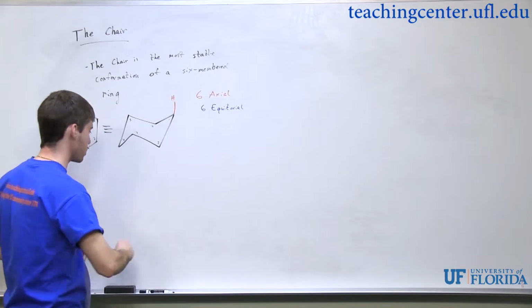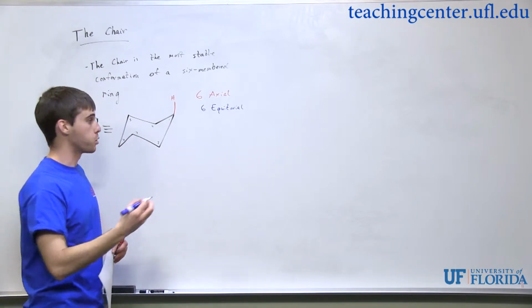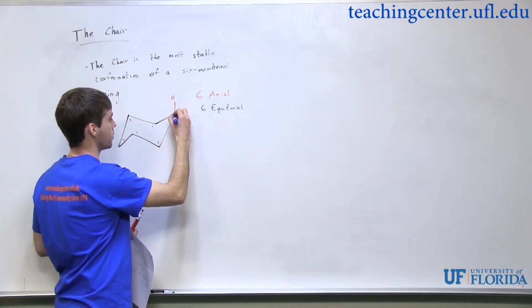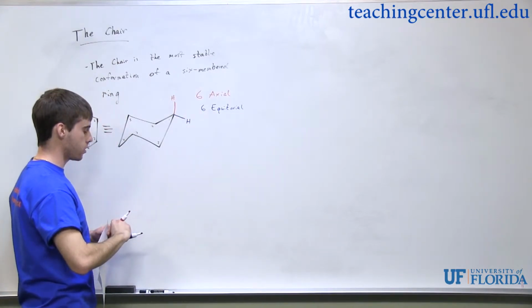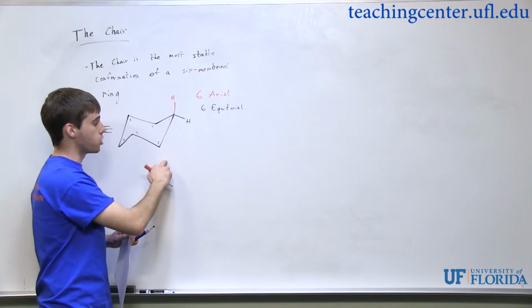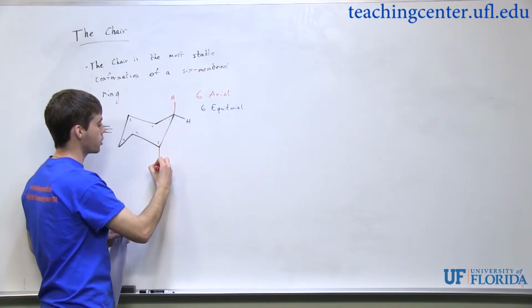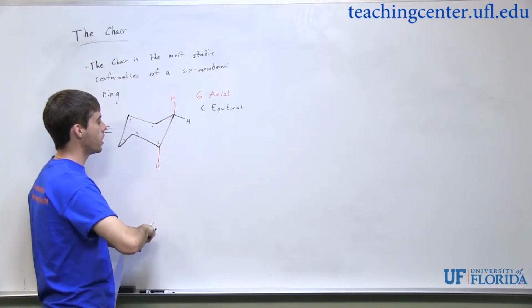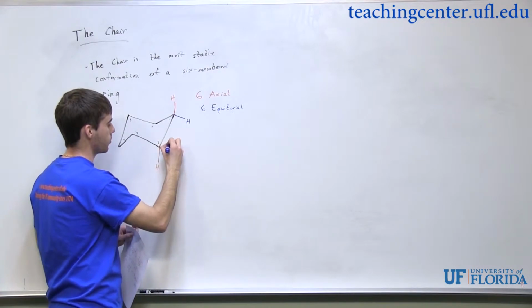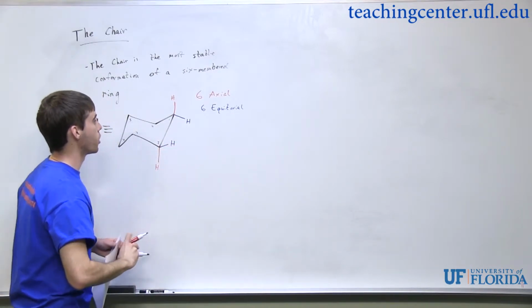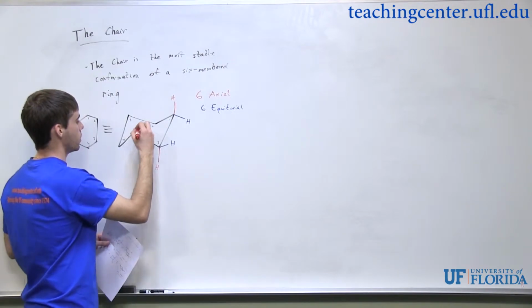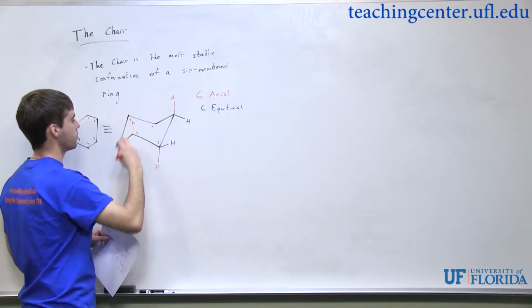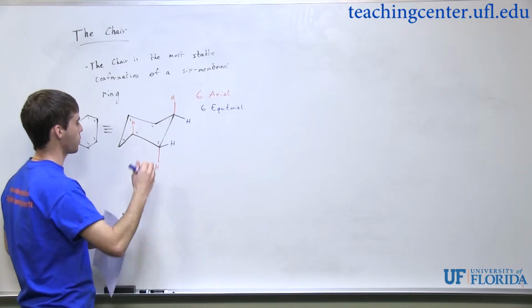If the axial position is up, that means the equatorial position is down. And then it just alternates. So when you get into position 2, the axial position is down, and the equatorial position is up. As you can imagine, when you get to position 3, axial is back up, and equatorial is back down.